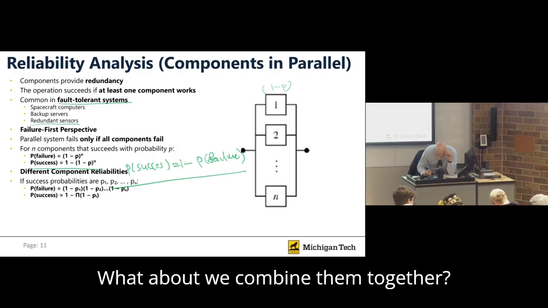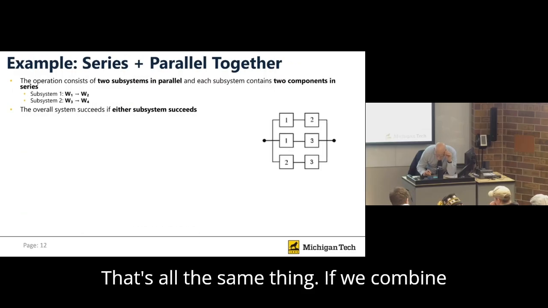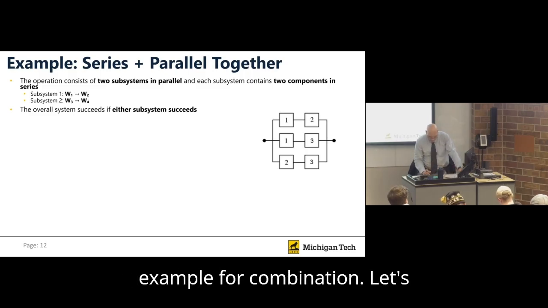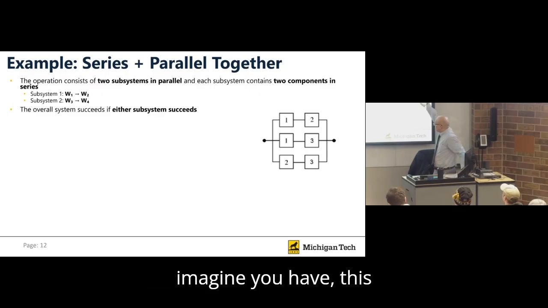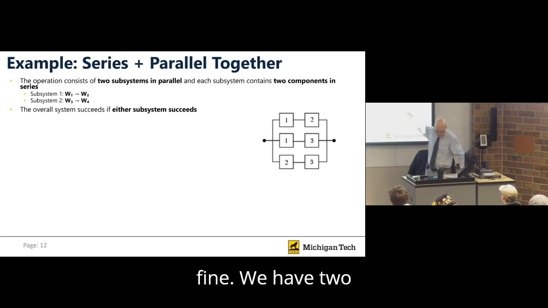What about if we combine them together? That's also the same thing. Let's do one example of a combination. Imagine you have, this example is 2, but I drew 3, that's fine.